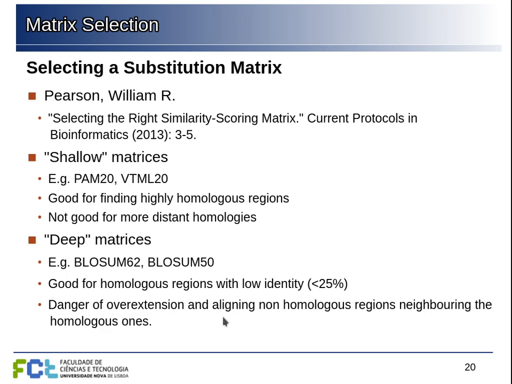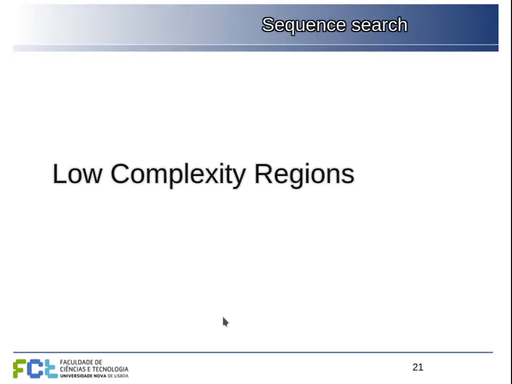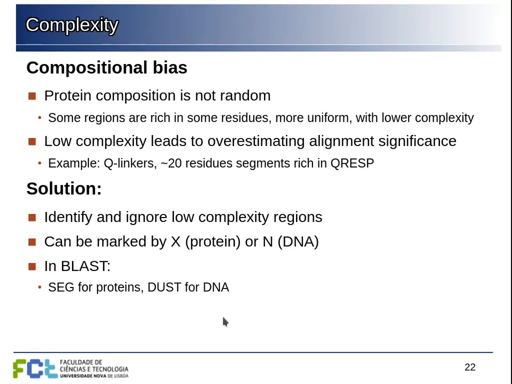Okay, one additional problem that we have in sequence search, this may also occur in alignment, but it's especially serious in sequence search, is the presence of low complexity regions. These are regions where we can have repetitions of the same symbol.